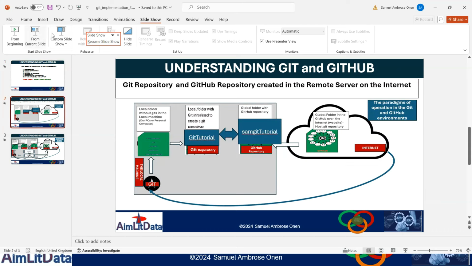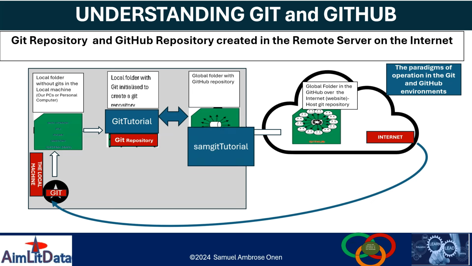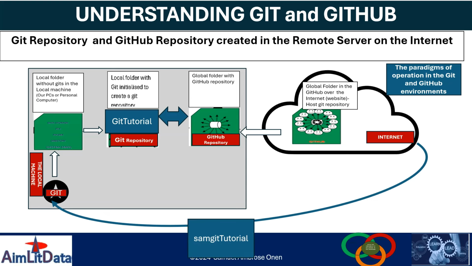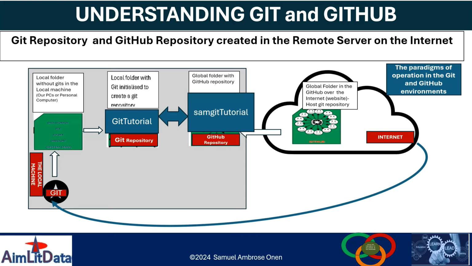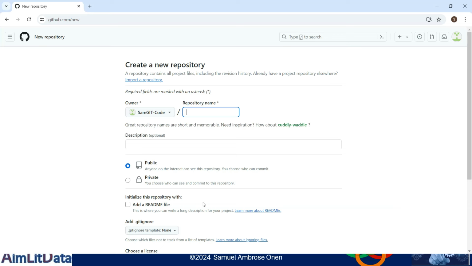So based on my model diagram, I want to create a GitHub repository called some Git tutorial. Yeah, this is the repository I want to create. It's called some Git tutorial. I'm creating it on the GitHub. So let's go and do it from the GitHub.